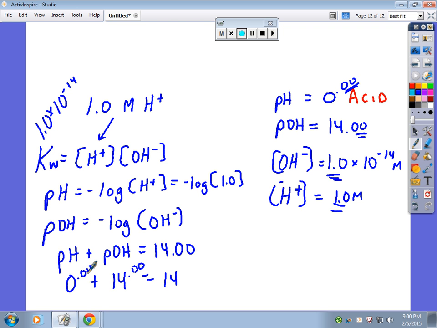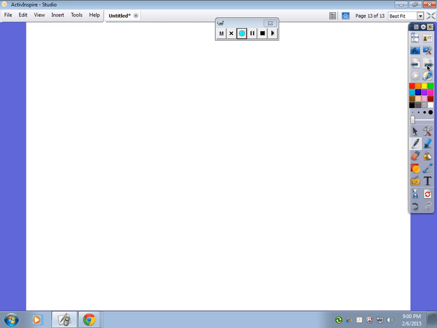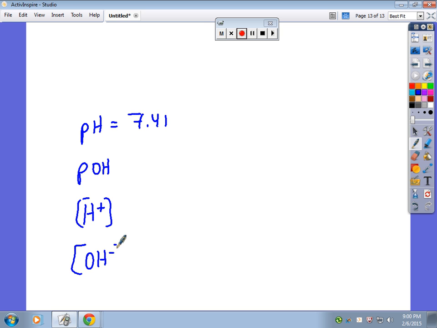Okay, one more example. Page 668, let's do the sample exercise. I know the pH of human blood is 7.41. That's the pH. Let's find the pOH, the H plus, and the OH minus concentration. So how do we do this?